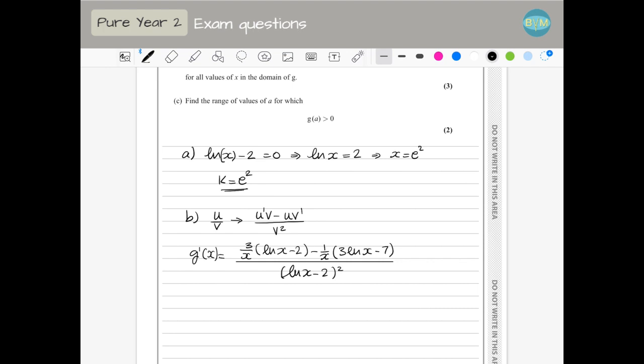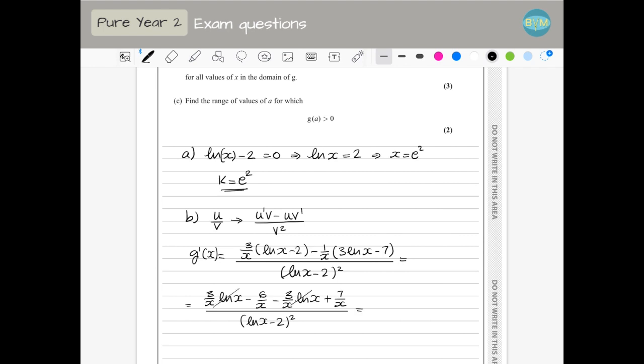We have to see that this is positive. What we are going to do is simplify the numerator a bit, because it's going to help us. So if we expand the bracket, we have 3 over x ln x minus 6 over x minus 3 over x ln x plus 7 over x, all divided by that bracket squared, so ln x minus 2 squared.